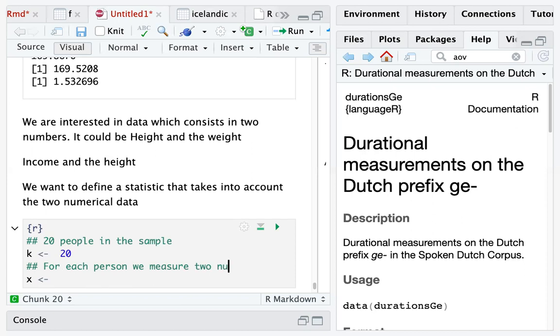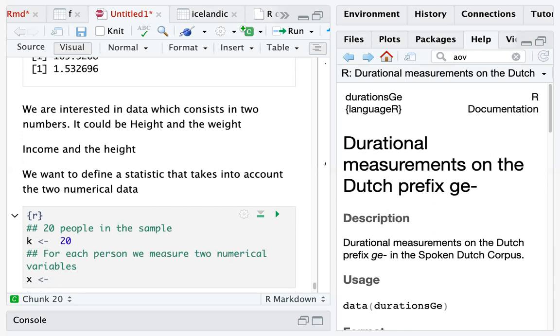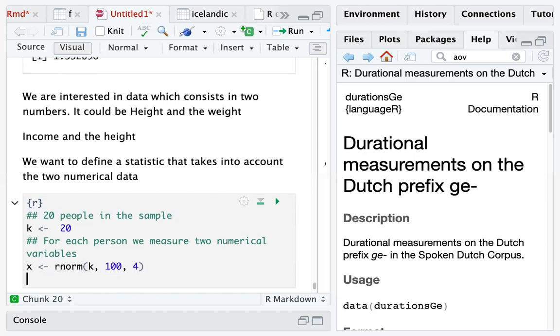For x, we take some artificial data: 20 random normals of mean 100 and standard deviation 4.